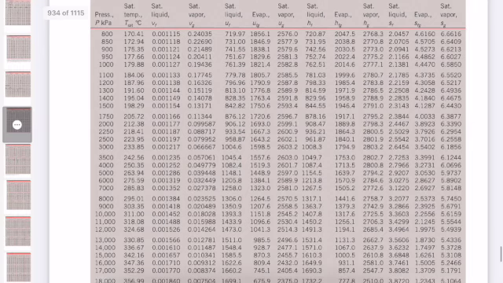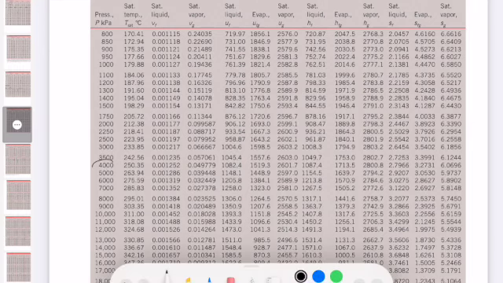At 4,000 kilopascal, our enthalpy is 131.42, which is lower than hf. So you still have compressed liquid.